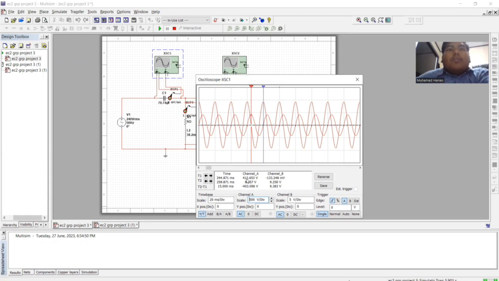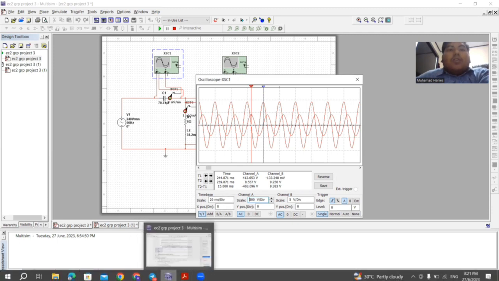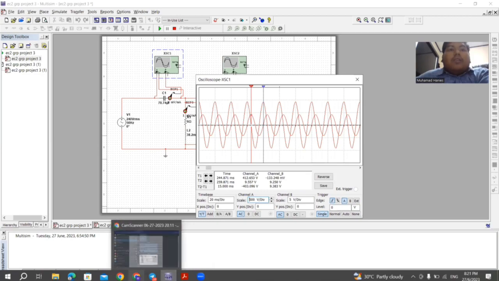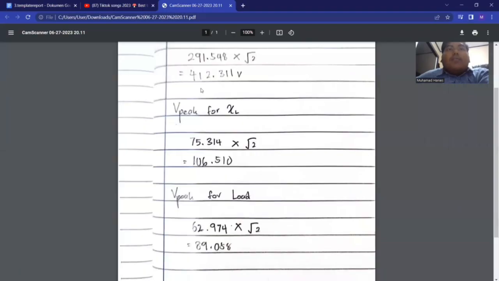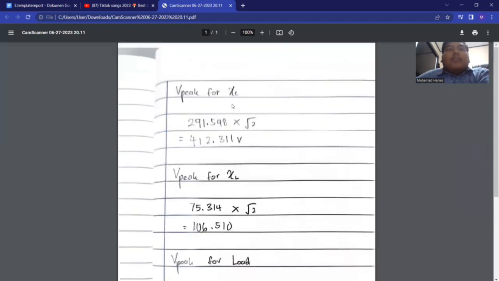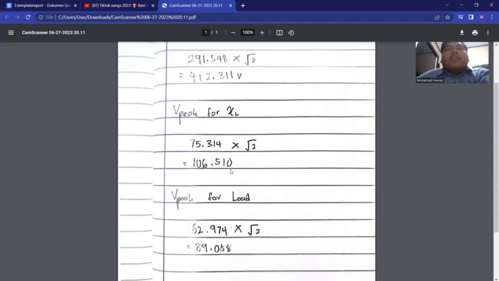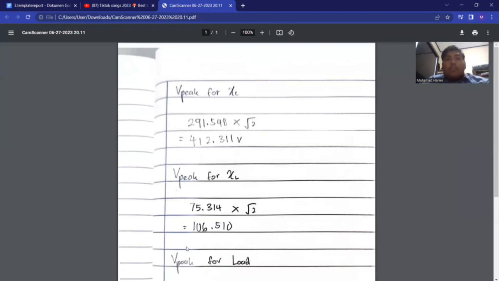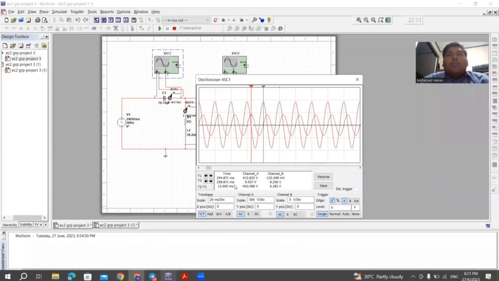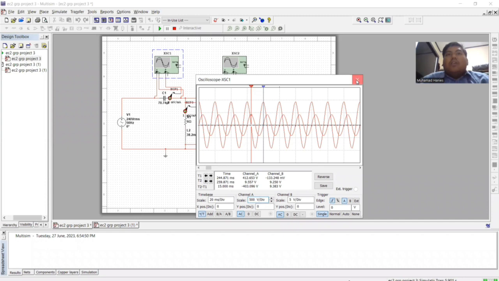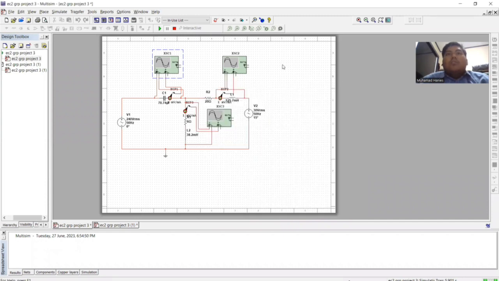So the value on a simulation and a manual calculation, we will get same, 412. This is for XC, capacitor, impedance capacitor.